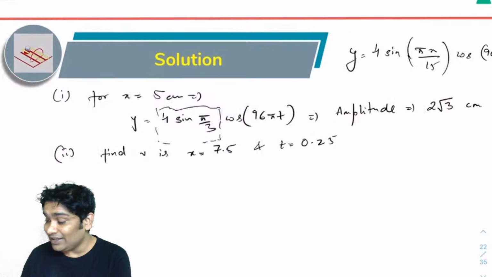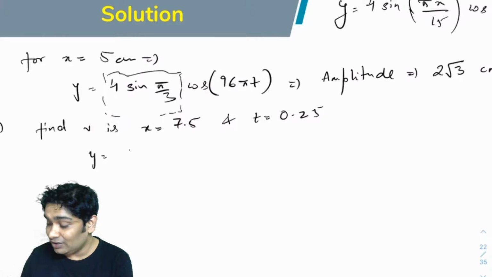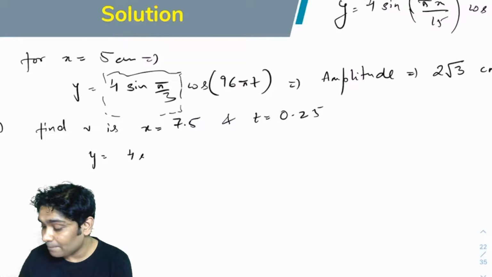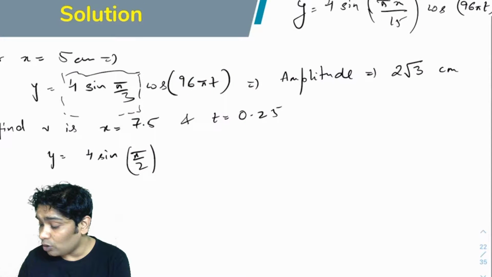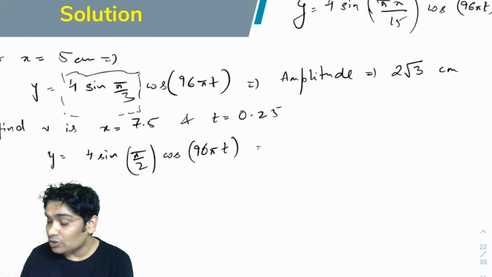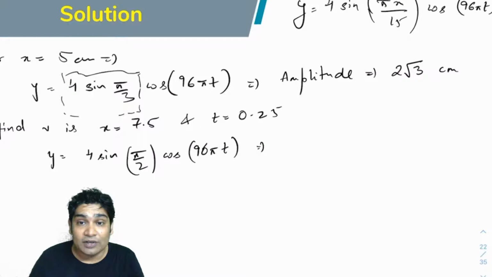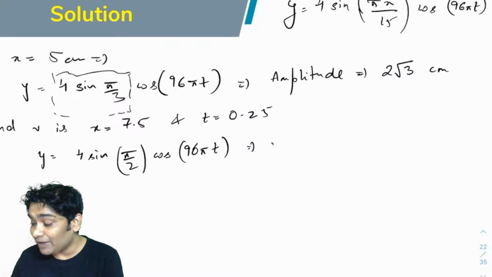So I will get y equals 4 sine of pi by 2 into cos of 96 pi t. All I need to do to find the velocity is to differentiate this. So let's see what my dy by dt is.